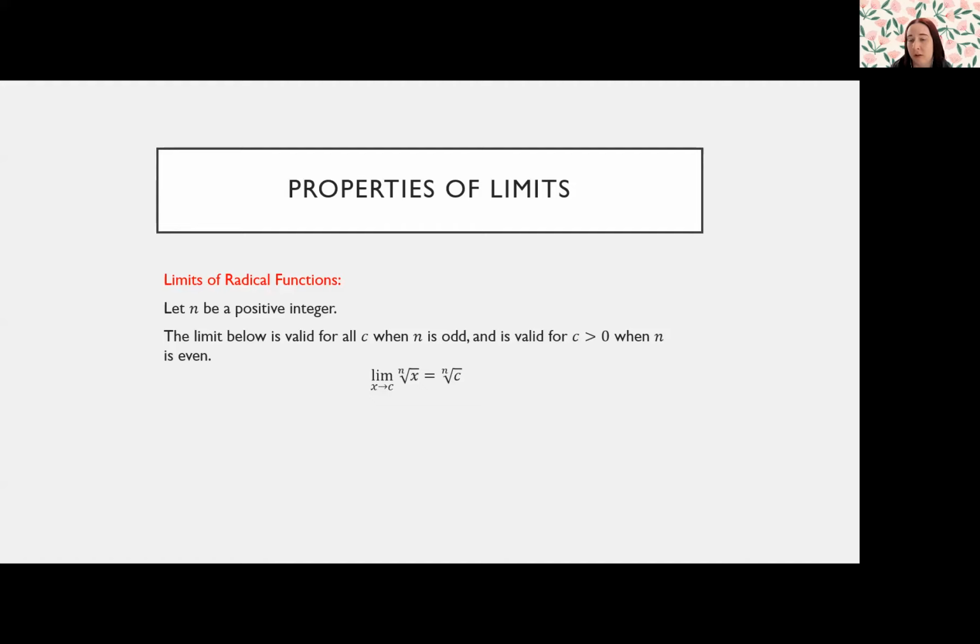Like for the radical here, if it's an odd radical, an odd index, you can plug in any number you want. For even indexes, you need to make sure that it's a positive number, because when we have limits, we don't deal with imaginary numbers. So if you're trying to find the limit of like a square root and you're plugging in a negative, you can't do that.